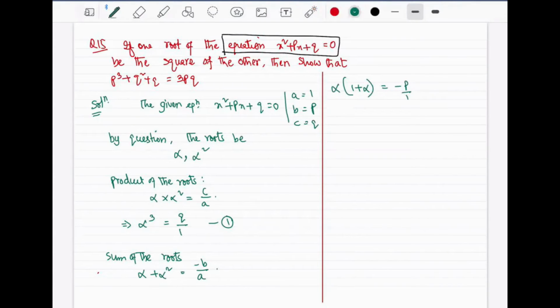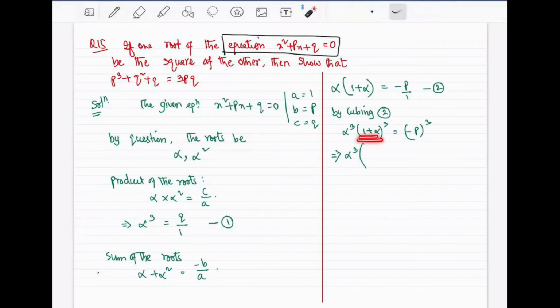So if I denote this by equation 2, then we can continue by cubing equation number 2. We're putting cube on both sides. Alpha cube into 1 plus alpha whole cube equal to minus p whole cube. Now for this portion, use the a plus b whole cube formula.